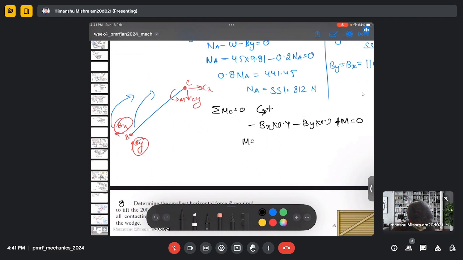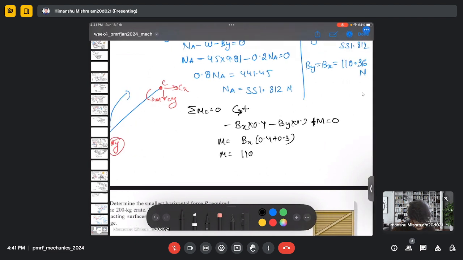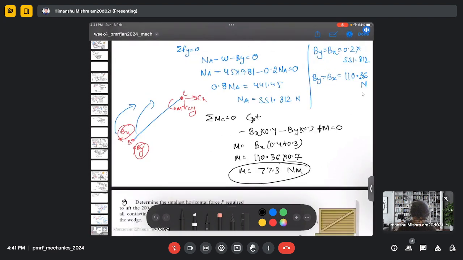So my M is, since Bx and By are the same, I can take it common. And Bx is 110.36 multiplied by 0.7, and if you calculate this, you will get M, which is 77.3 Newton meter. So this is our external moment.